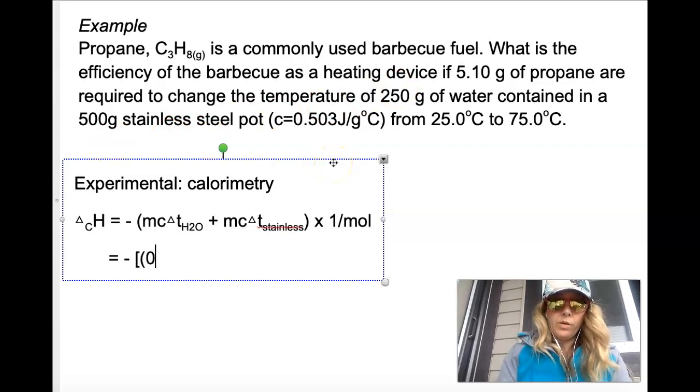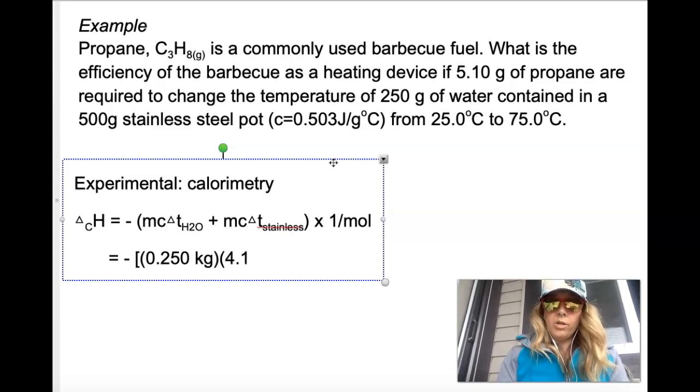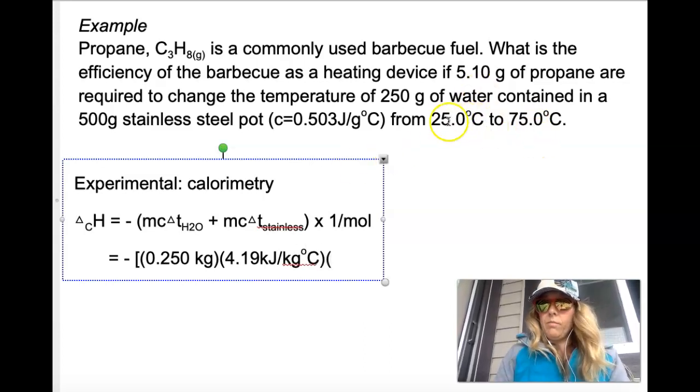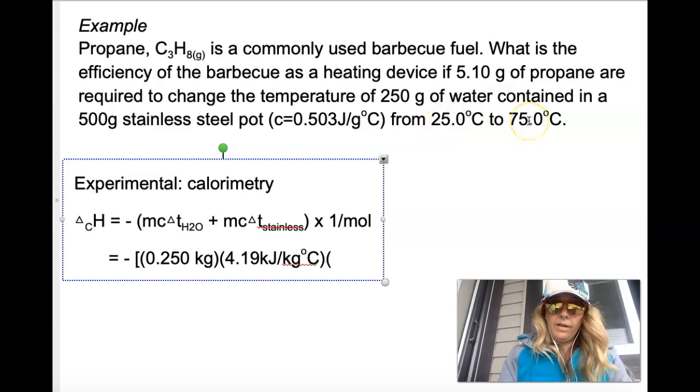So mass of water, we had 250 grams, so 0.250 kilograms. Specific heat of water is 4.19 kilojoules per kilogram degrees C. Okay, delta T, we went from 25 to 75, so that's going to be 50.